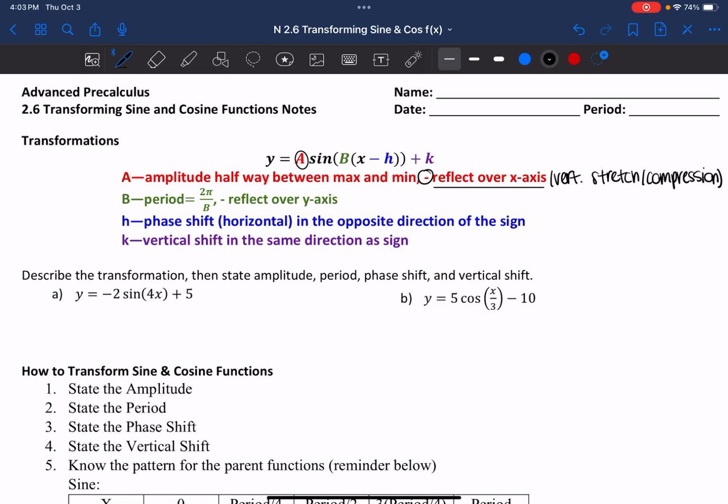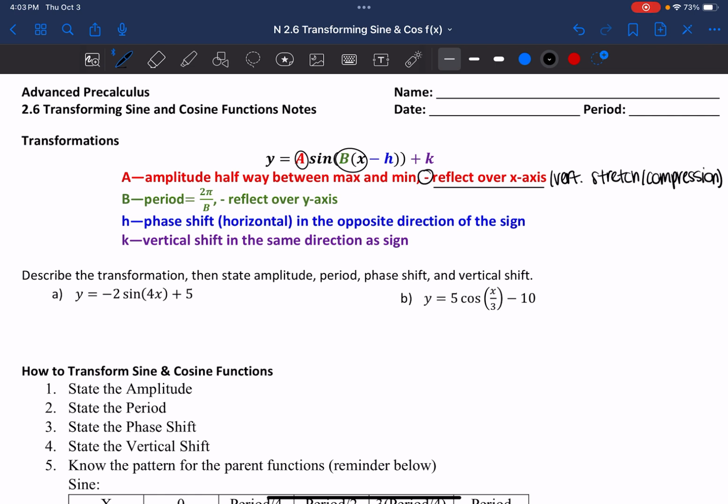Your b value, which is found right beside x, usually multiplied by your x value, is going to control the period of your function. So we talked yesterday about how the entire cycle of sine and cosine's graph occurs between 0 and 2 pi. After 2 pi, it just starts to repeat itself because you would start going around your unit circle again.